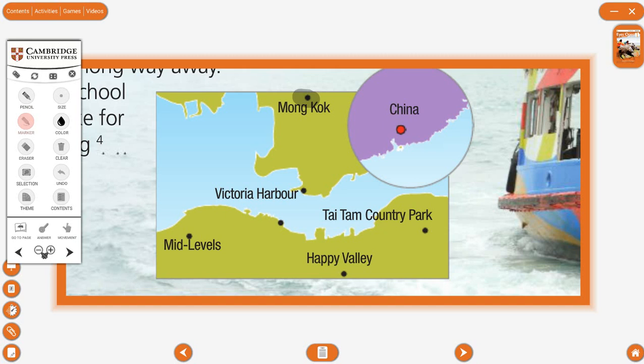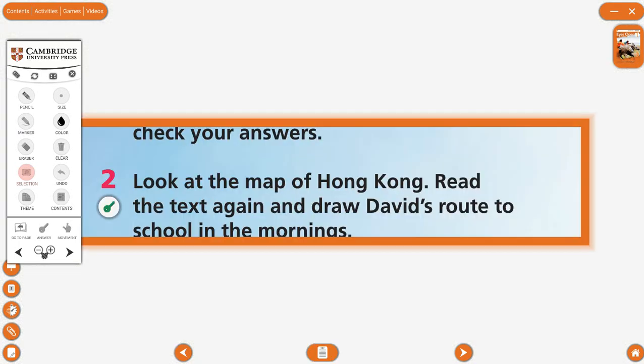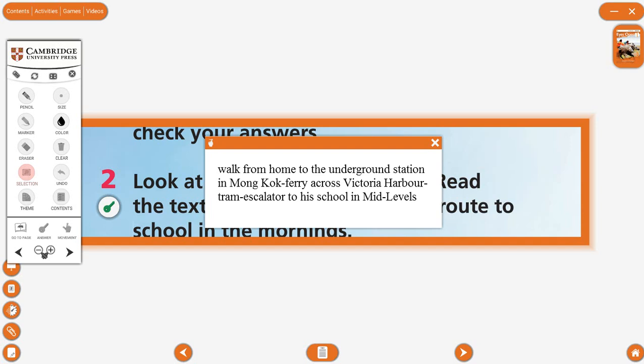Mid-Levels here. Okay, now look at exercise 2 again, draw David's route to the school in the mornings and check your answer. Walk from home to the underground station.